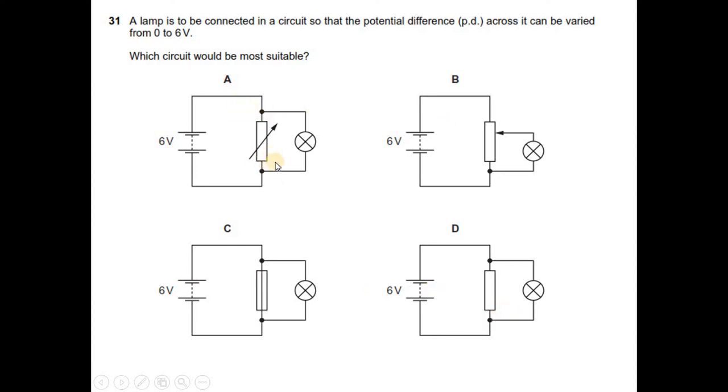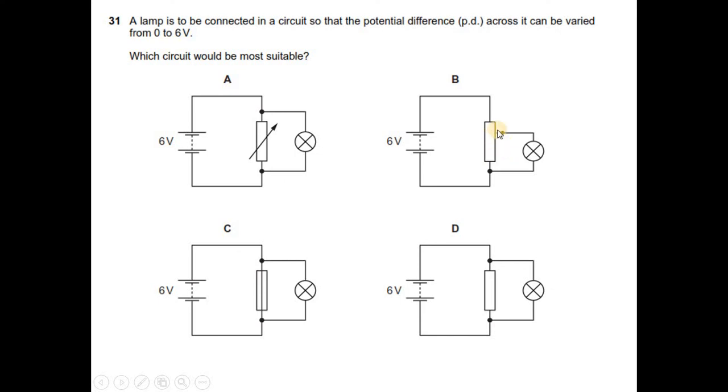In one, a variable resistor is used with a parallel bulb, but in fact this variable resistance is in series with the power supply. So this variable resistance will change the resistance, but not from 0 to 6.